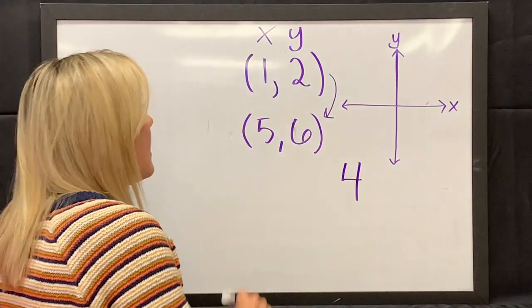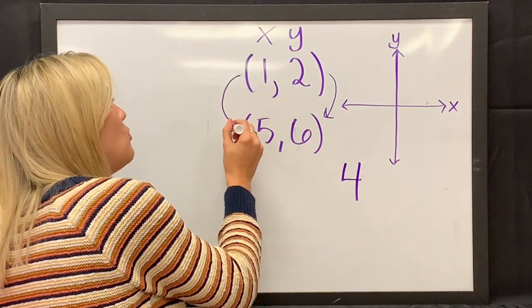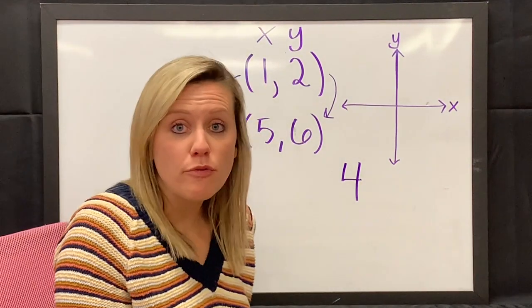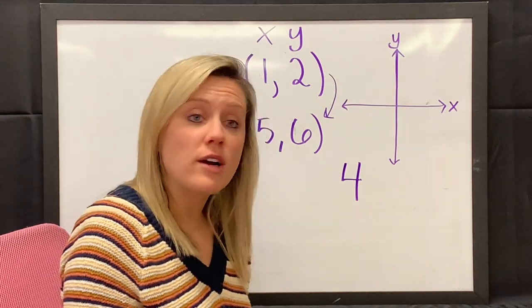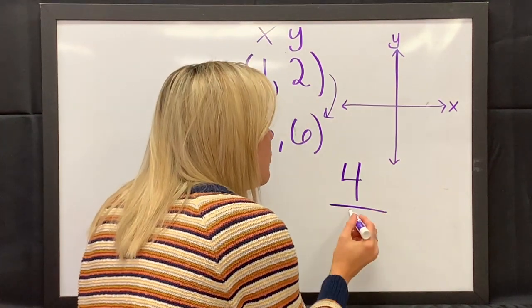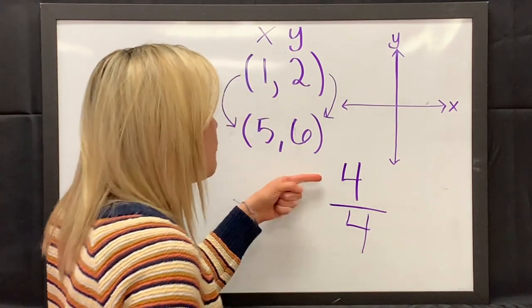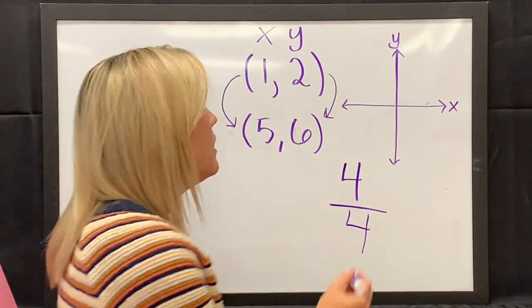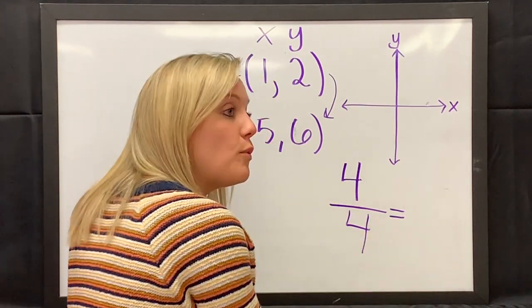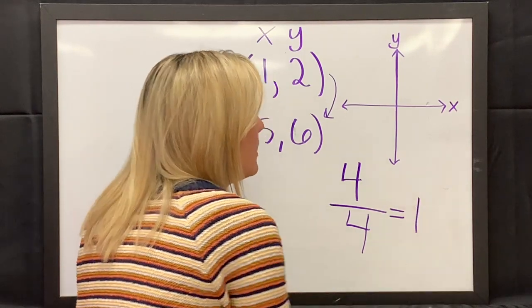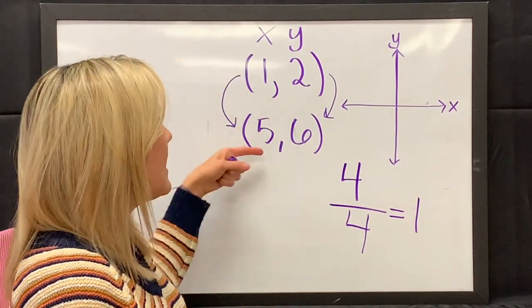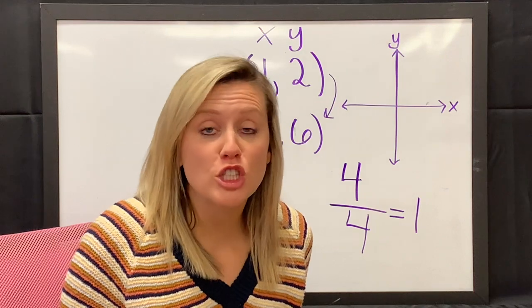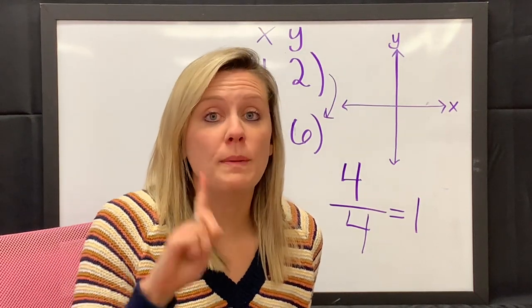So for this, I'm going to think, what would I add to 1 to get to 5? We would add 4. So the rise over the run would be 4 over 4, which reduces to 1 over 1, which is just 1. So if we were to connect these points, the slope of that line would be 1.